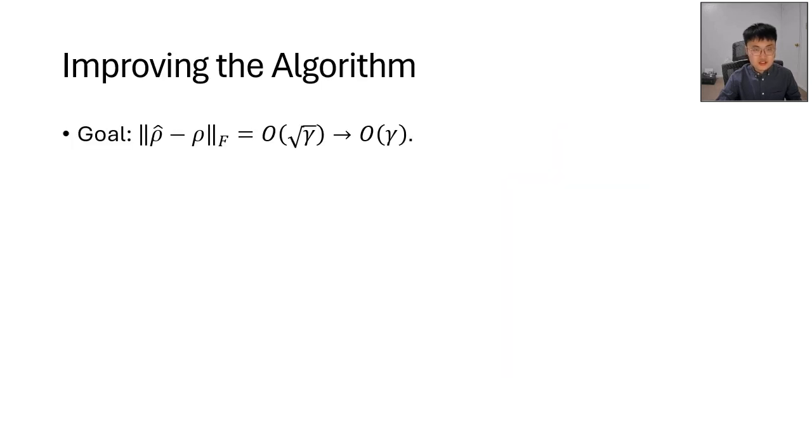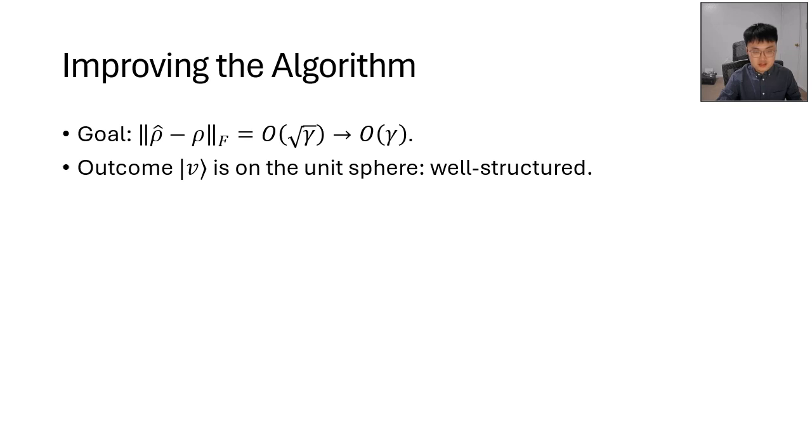So we're almost there, but the algorithm is not achieving the desired error with respect to dependence with respect to gamma. So ideally, we want to improve the error in Frobenius distance to gamma. So how should we do it?